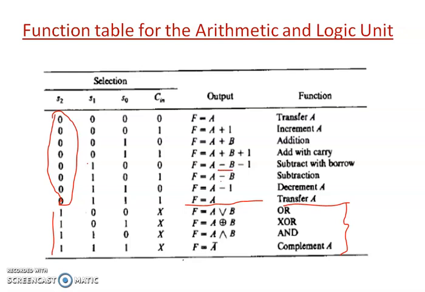The minus operation will be performed, A minus B, like that. And if both S1 and S0 are equal to 1, it just performs the transfer operation that we have seen in the previous slide.